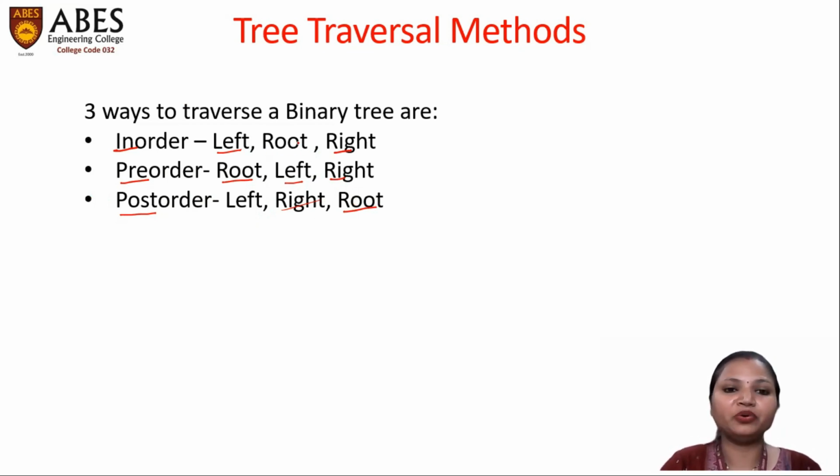So here we have to notice that in, pre, and post are indicating the position of the root node. Second point, before traversing the right subtree, we have to first traverse the left subtree. We can check in all three traversals, left is coming before the right subtree. So we have to keep these things in mind.